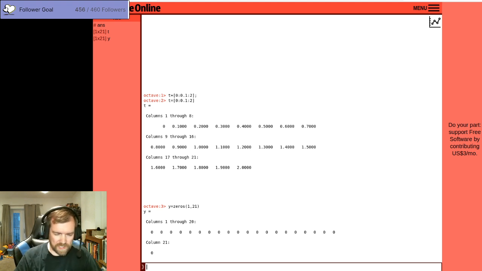I usually like to set this ahead of time, just to say it needs to be the same size as that other one, and if it's not, then it's going to break somehow. And then at this point, we're going to say for i going from 1 to 21. That's not right.